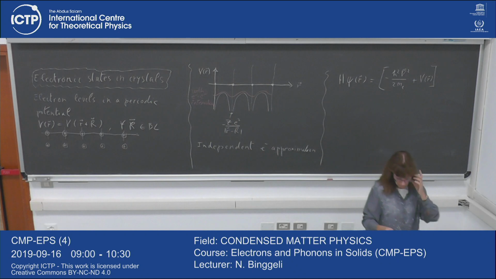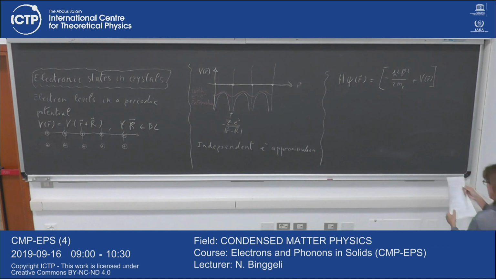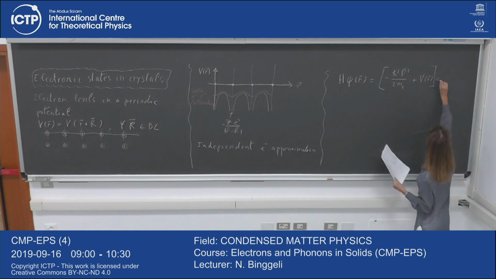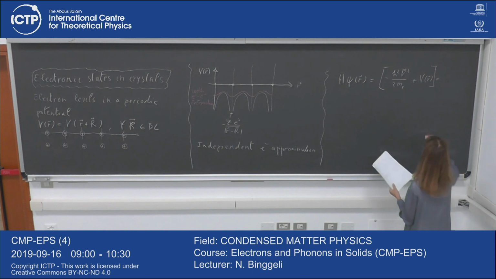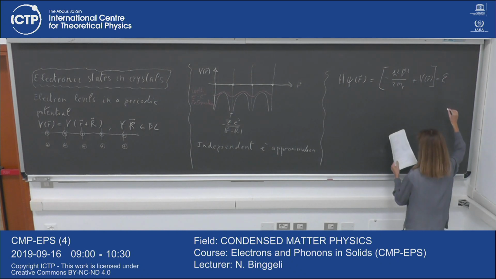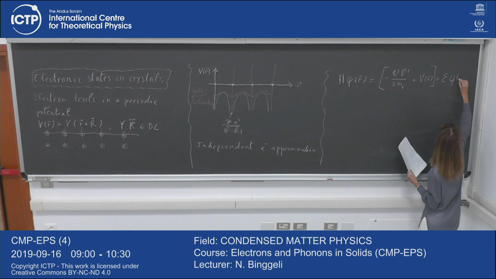I'm in a mean field approximation, one electron mean field approximation, so this is equal to epsilon, the eigenvalue, times psi of R.